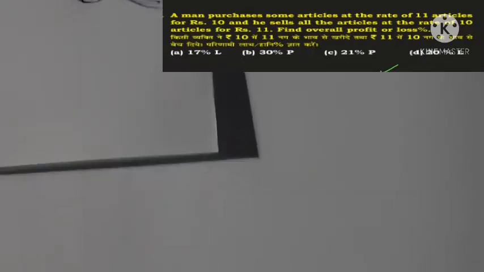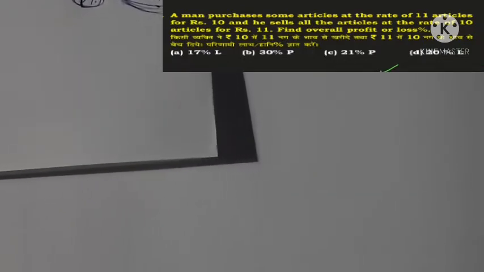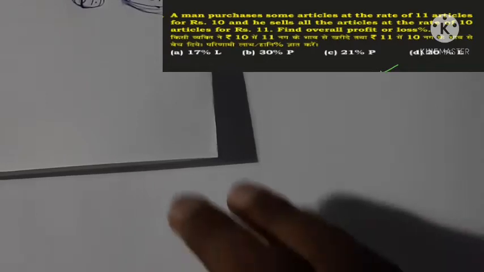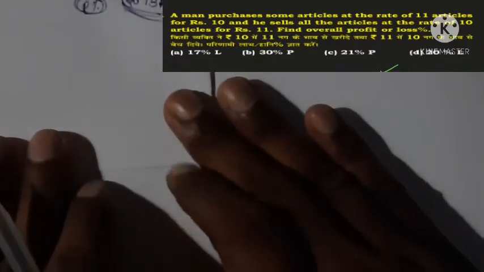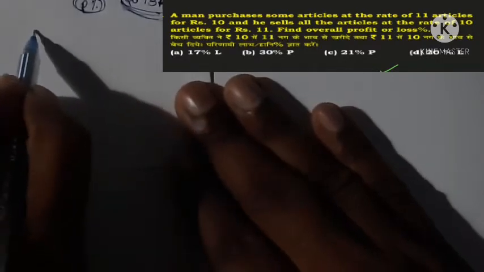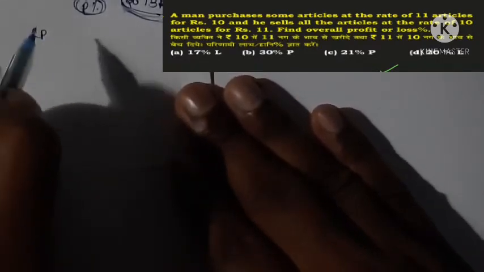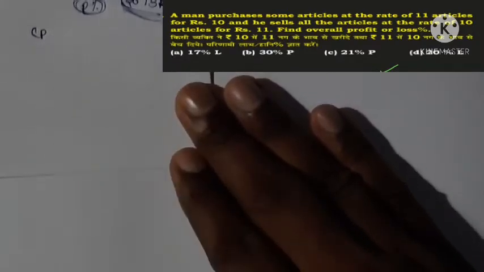Say a man purchased some articles at the rate of 11 articles for 10 rupees. That means the cost price of 11 articles is equal to 10 rupees.